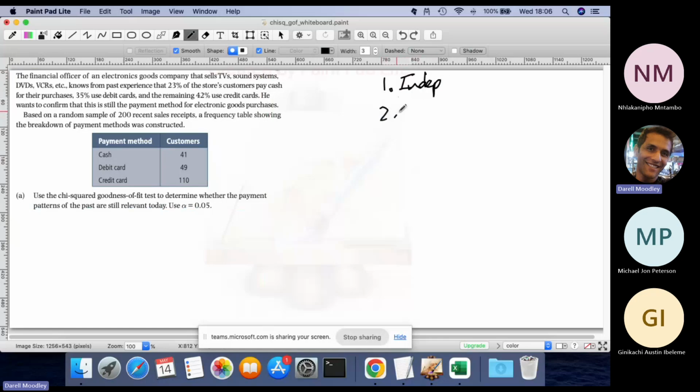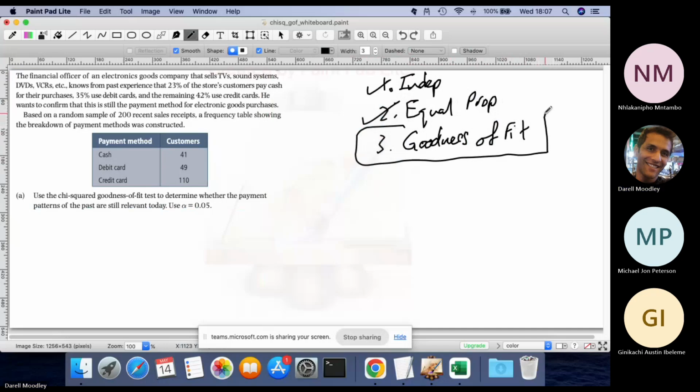The second test is for equal proportions. And then the third one is the goodness of fit test. Now we've done these 2 last week, and this is what we're going to cover today, the goodness of fit test.